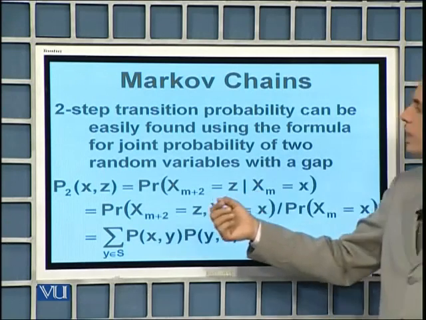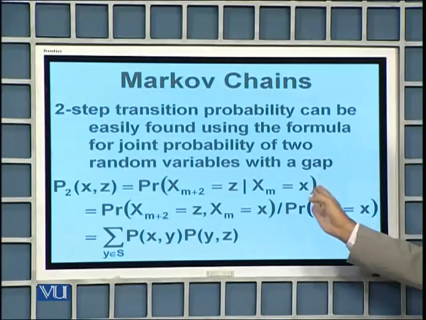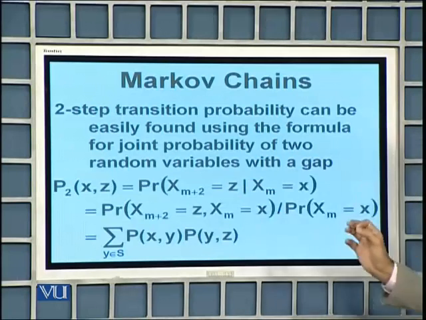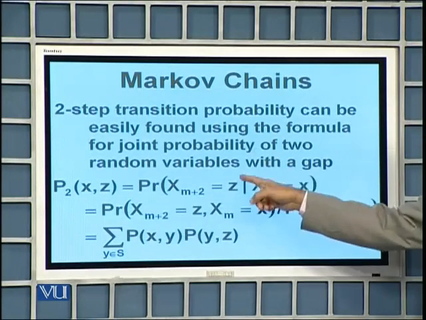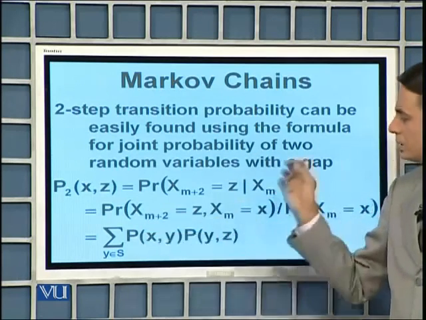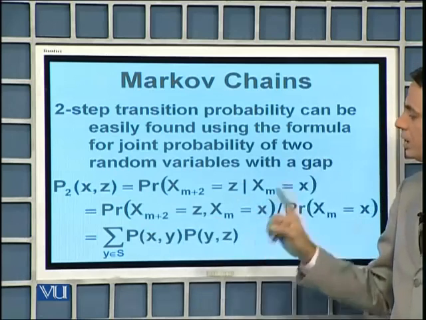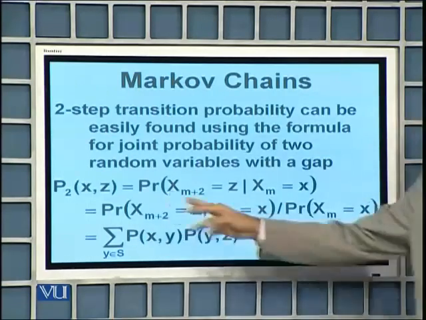So if we want to find two-step transition probabilities going from x to z, that value is found in the matrix obtained by multiplying the one-step transition probability matrix with itself and then looking at row x and column z.